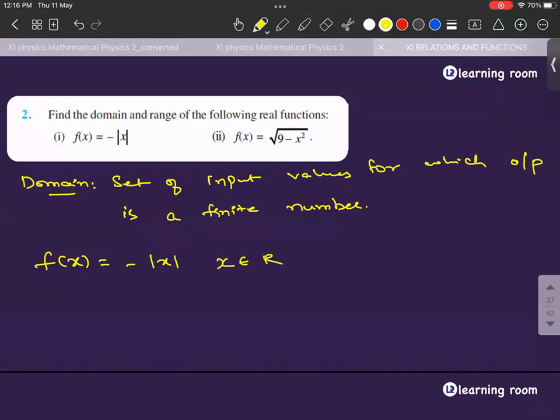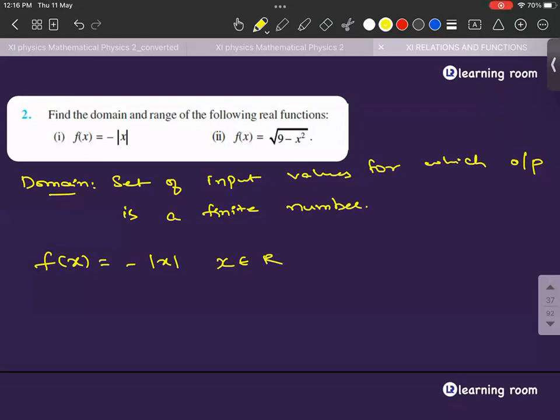You can substitute any real number. So in the place of minus of mod x, if I substitute any real number, I will still get a finite output. Am I right? Because in real numbers, what is not included? Minus infinity and plus infinity are not included. They're in the open bracket. Am I clear with this, guys?